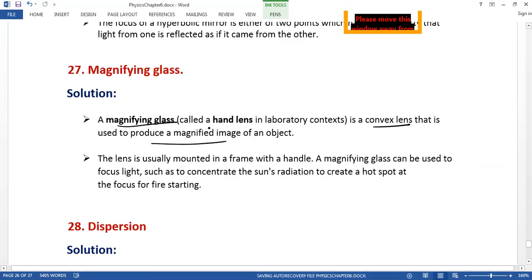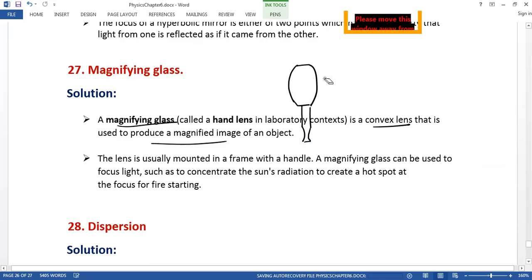Here in a magnifying glass, two convex lenses are used. It will be like this, and this will be the handle. This is the handle to hold it. This is basically a magnifying glass.